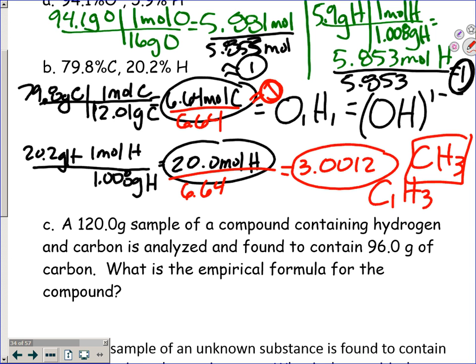So this is the total sample, this 140 grams. We have 96 grams of carbon, so we need 20 grams. I would first subtract 91. Wait, what are you doing?